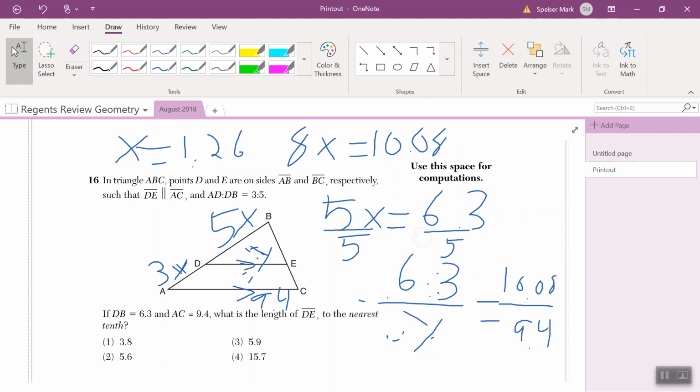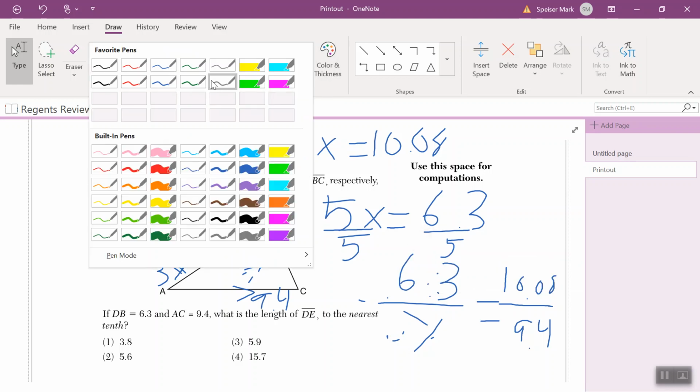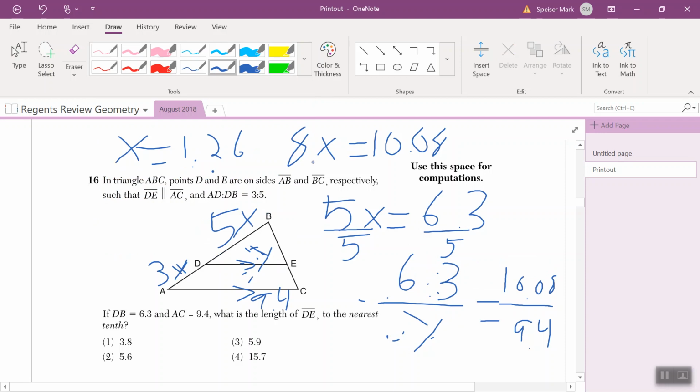Let's get it darker so I could really emphasize that decimal. So 9.4 times 6.3 is 59.22. So 10.08 Y equals 59.22.